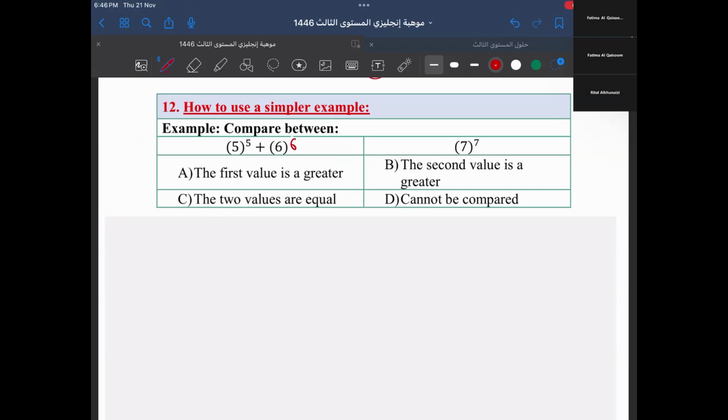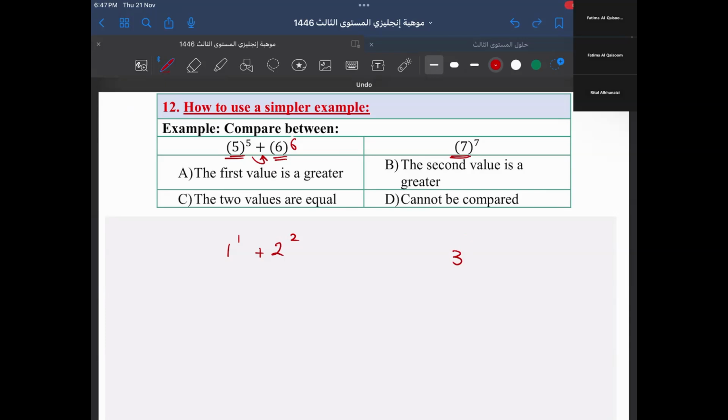So we're going to assume this is the smallest number, this is the bigger one, and this is the largest one: 5, 6, 7. So I'm going to do the same, but with smaller numbers. 1 to the power of 1 plus 2 to the power of 2, and here 3 to the power of 3.